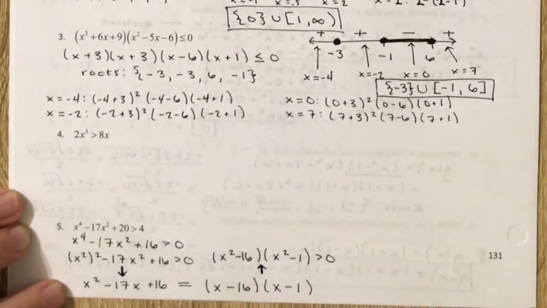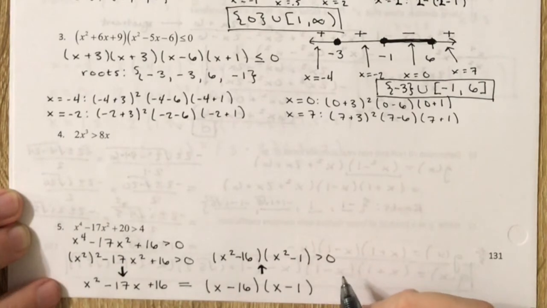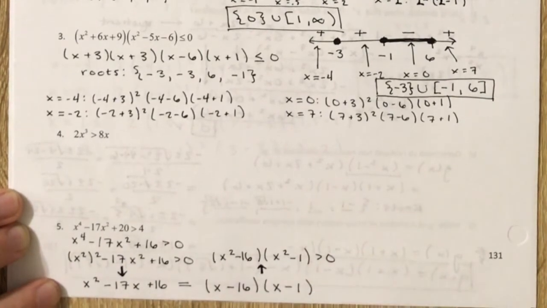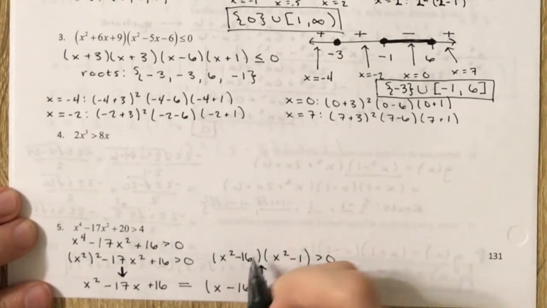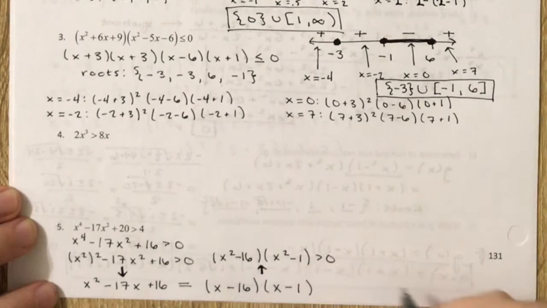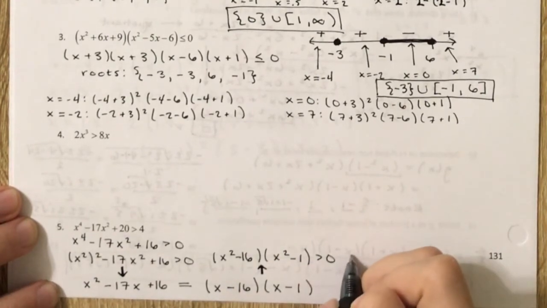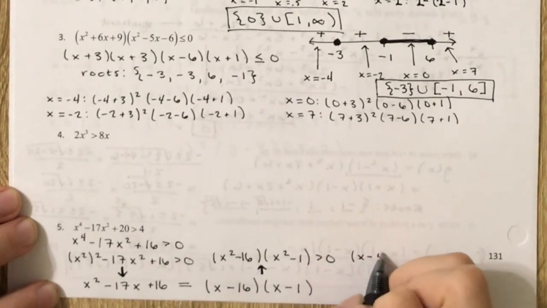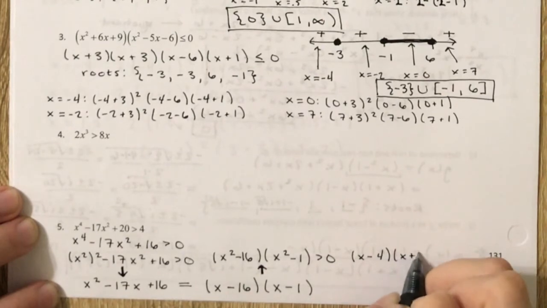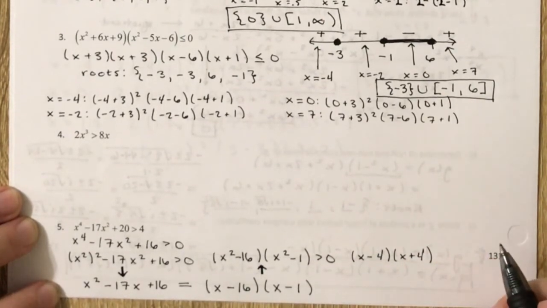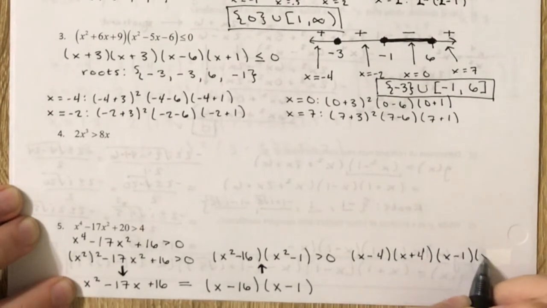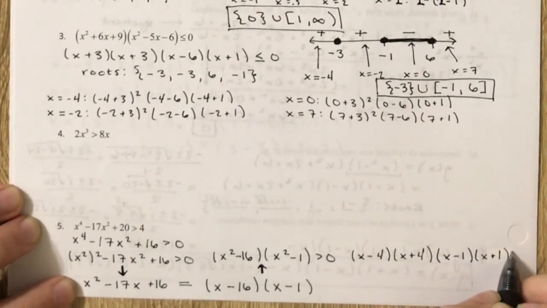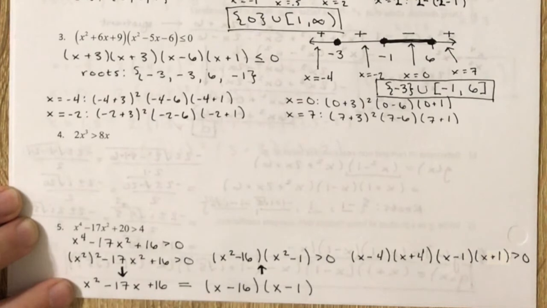How can we factor these? So we've gotten a little bit closer to being done factoring. These are both difference of squares. So if I factor each of these into linear factors, I end up getting x minus 4 times x plus 4 for the first one, times x minus 1 times x plus 1, is all greater than 0.